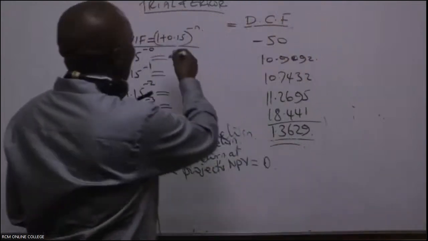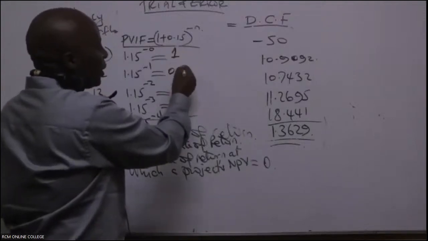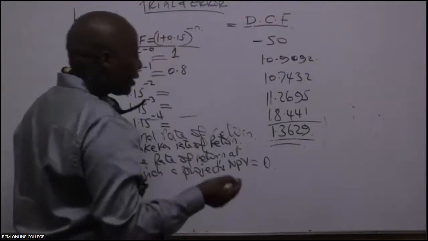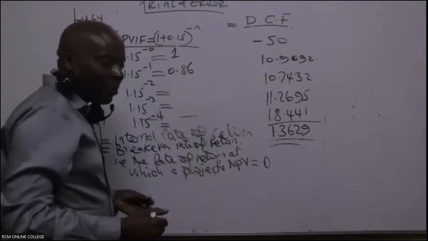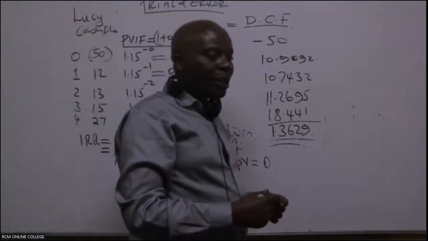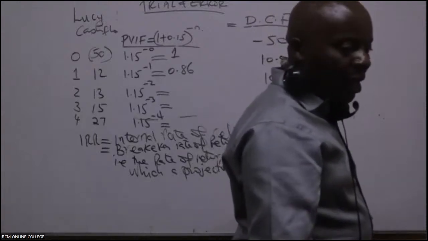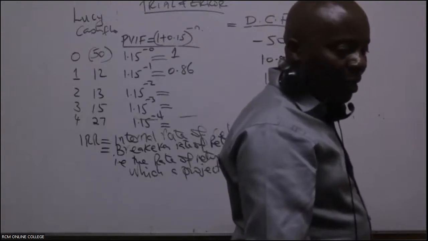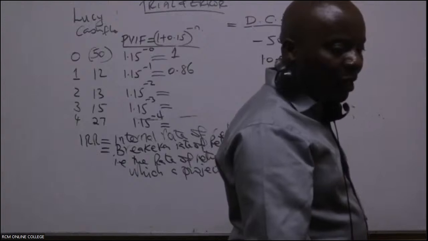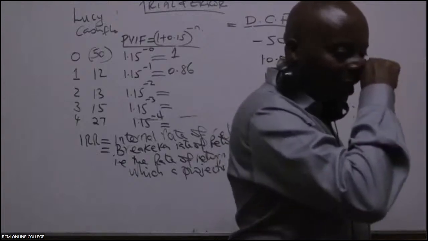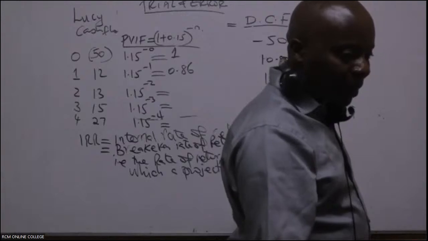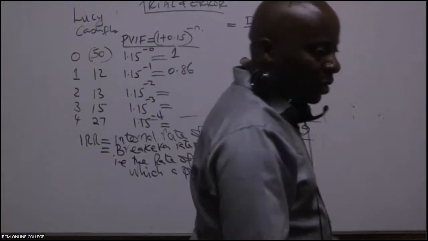The first one, of course, is 1. The second one is 0.86 when n is 1. I cannot see their numbers. 0.8696, thank you very much.